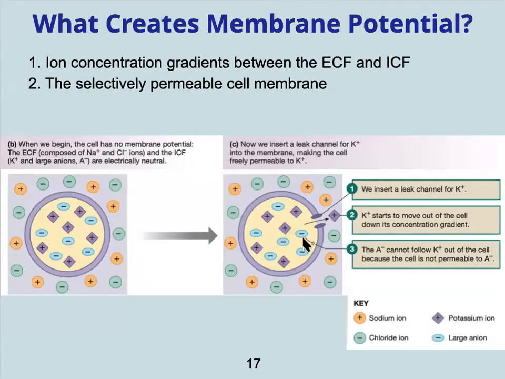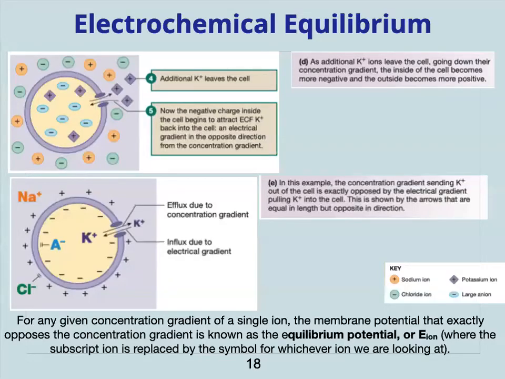So in other words, the chemical gradient of potassium wants to push potassium out, while the electrical gradient of potassium wants to draw it back in. For any concentration gradient across a cell membrane, there is a membrane potential difference, or electrical gradient, that exactly opposes the ion's movement down its concentration gradient.